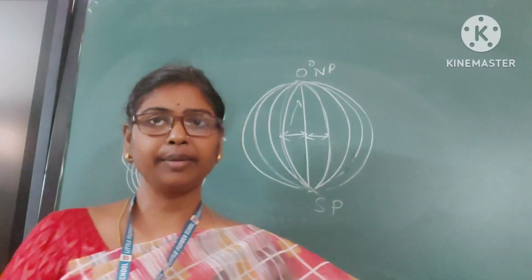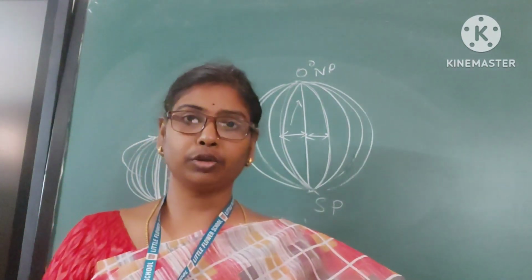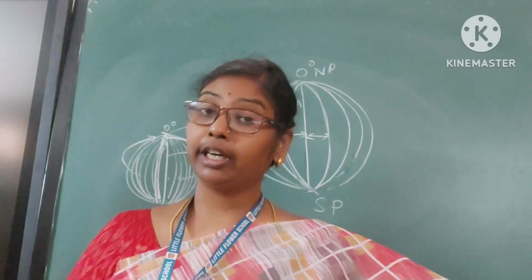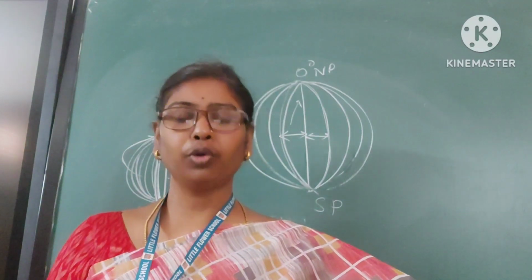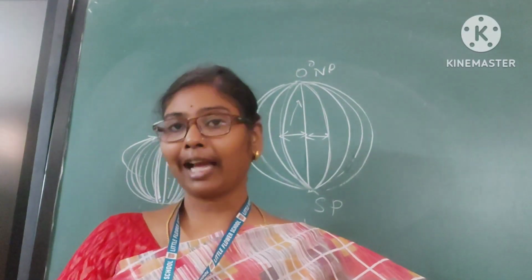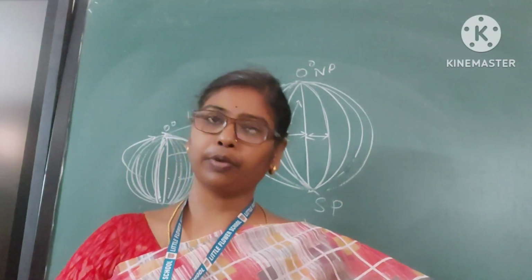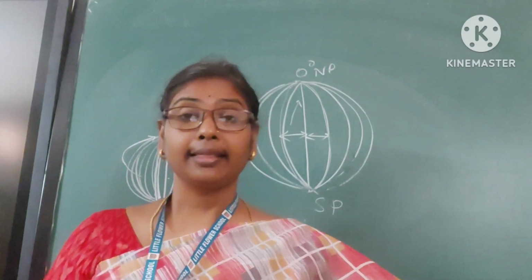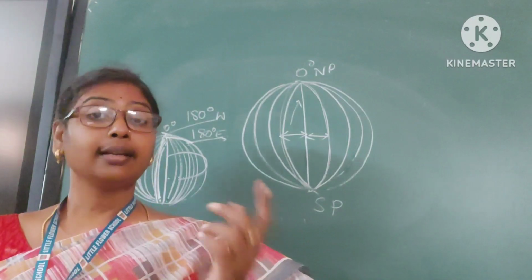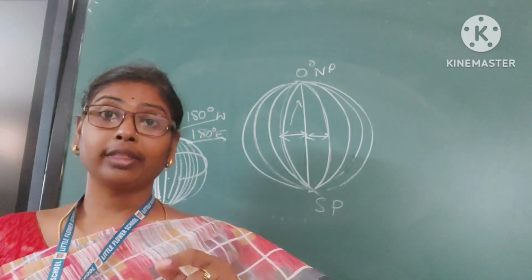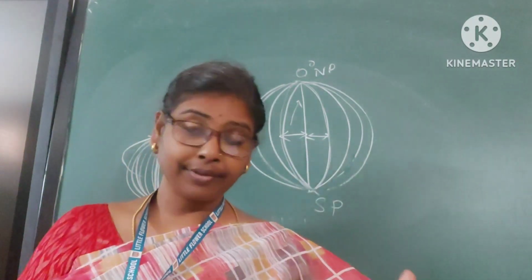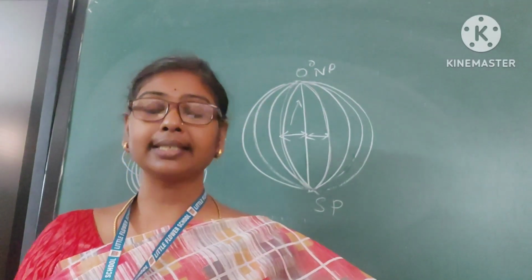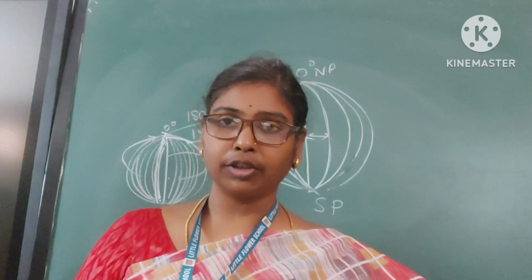Now let's see the importance of longitude. The first importance of longitude, as in the case of latitude, is that with the help of longitude we can fix the position of a place. Then, we can know the time of a place with the help of longitude.